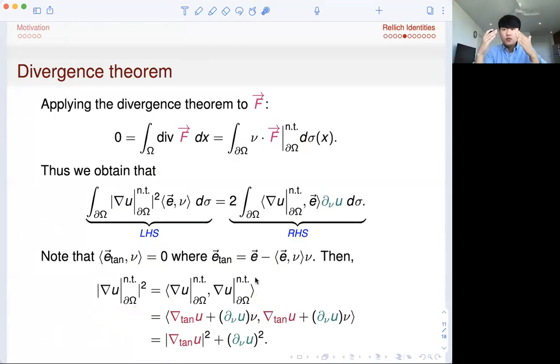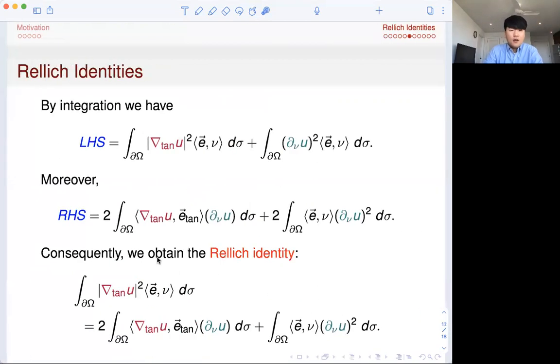Then we can decompose the non-tangential trace of the gradient into the tangential gradient and the normal component by this. And by the orthogonality of the tangential gradient to the normal vector, we have the square of the tangential gradient plus the square of the normal derivative. If you plug this equation into the left-hand side, then we get this.